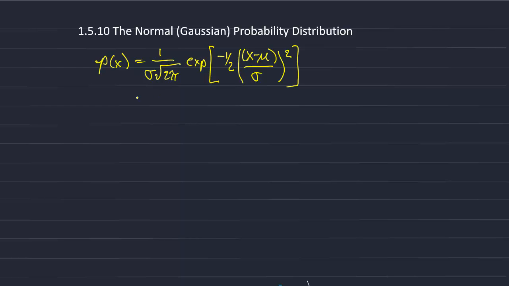And so this is a Gaussian, and it's centered on mu. And just to note, this factor in front gives the integral from 0 to infinity of little p equal to 1. So we want to make sure that that integral always equals 1.